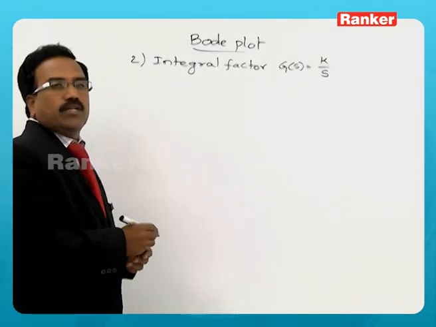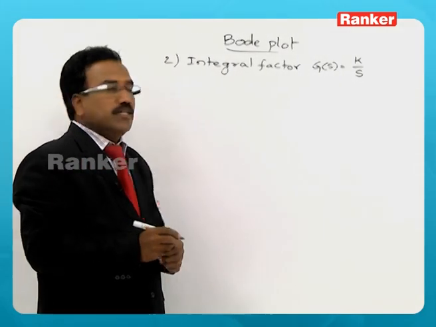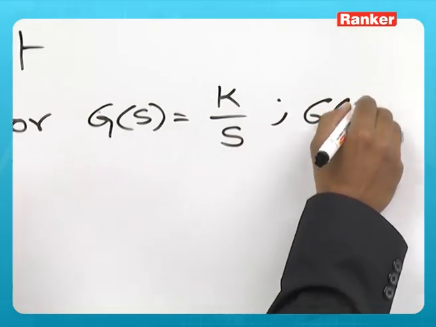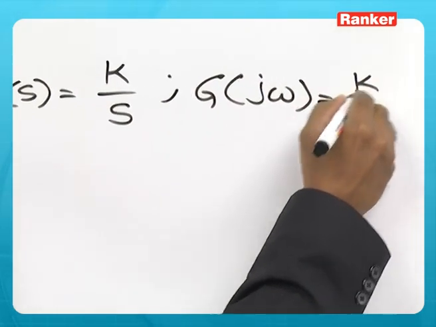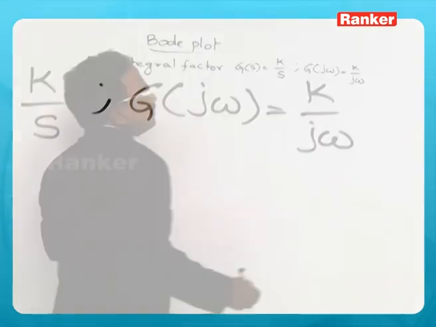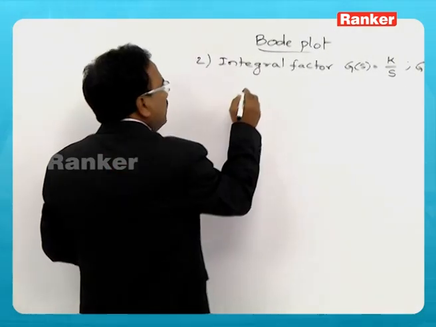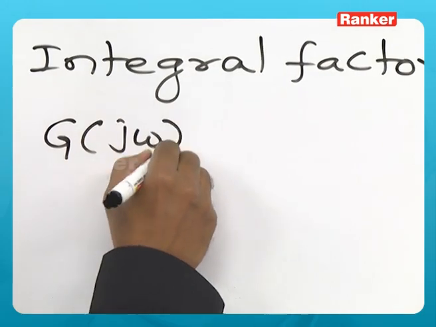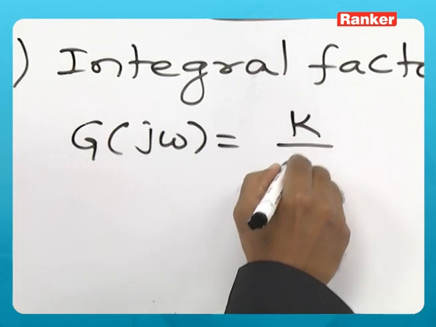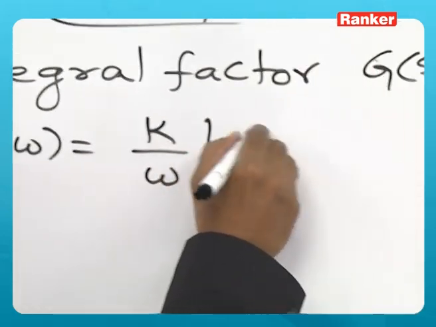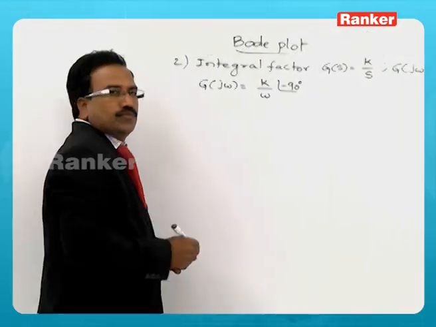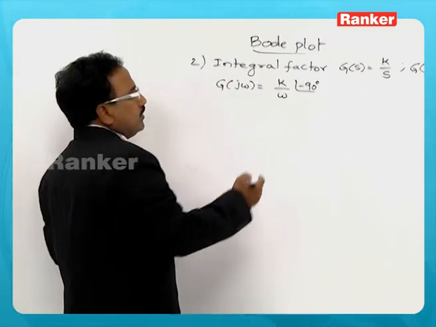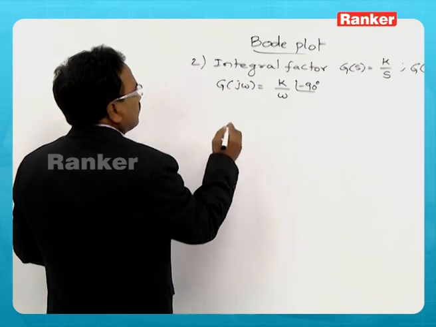There is a pole at origin along with constant K. Now, for this, G(jω) is K by jω. You can write this term G(jω) as K by ω at an angle of minus 90. Now, this K by ω is the magnitude term, and minus 90 degrees is the phase angle term.